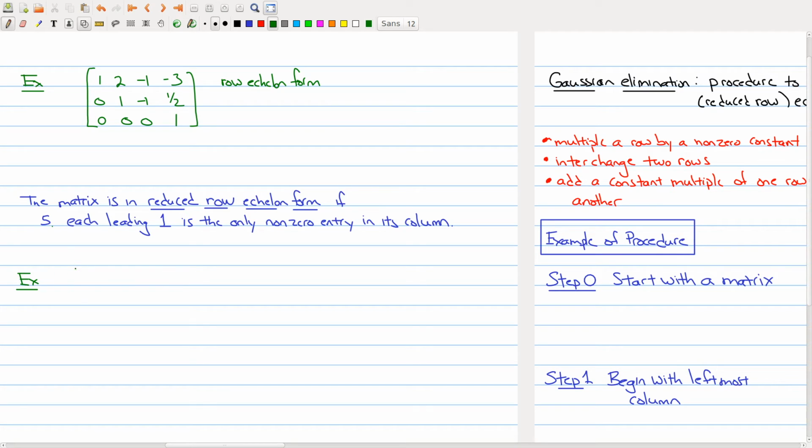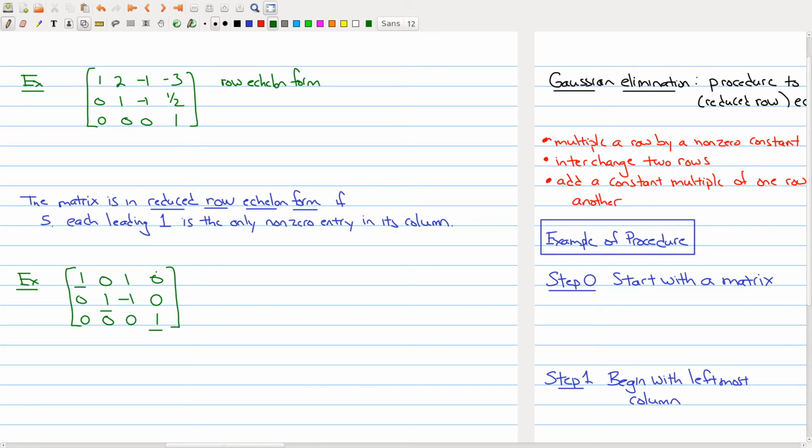Okay, so as an example of that, we could have something like 1, 0, 1, 0, 0, 1, -1, 0, and 0, 0, 0, and 1. The underlined entries are my leading entries, and they are the only entries in those particular columns that are non-zero, right?